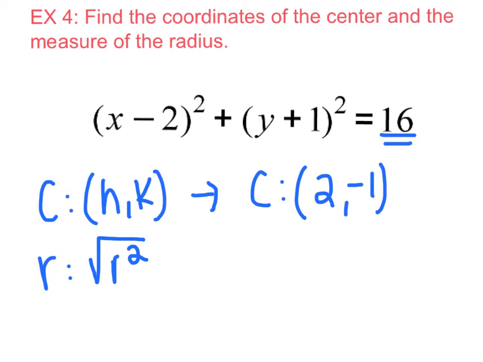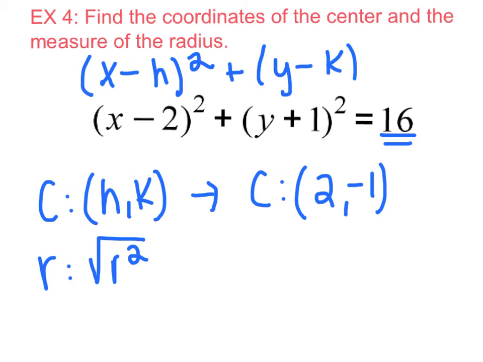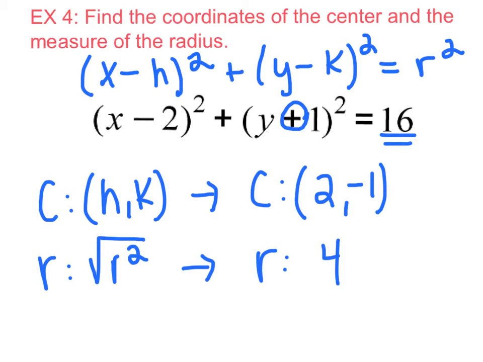If you remember, our standard form for a circle is x minus h squared, so h had to be 2. Y minus k squared, and the only way for it to become +1 is if it was a -1, equals r squared. So our radius is 4, because you take the square root of 16.